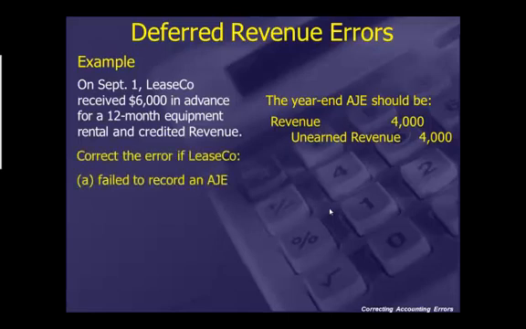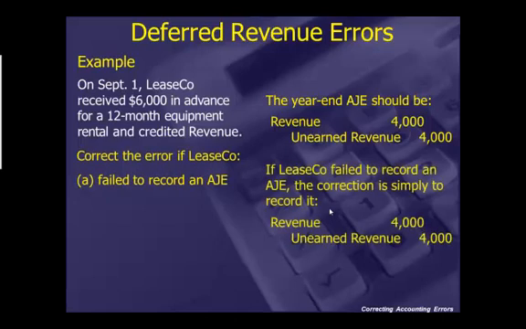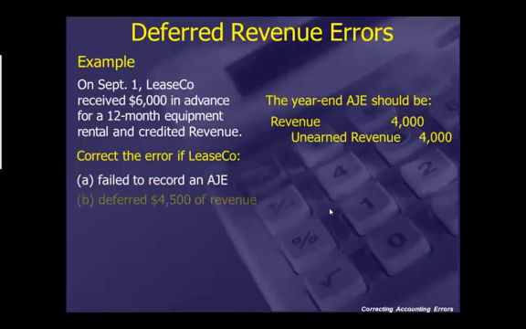sheet. Now, to correct the error if LeaseCo failed to record an adjusting journal entry, we simply would need to review all the accounts, the adjusting entries, and we would debit revenue for the $4,000 and credit unearned revenue for $4,000.